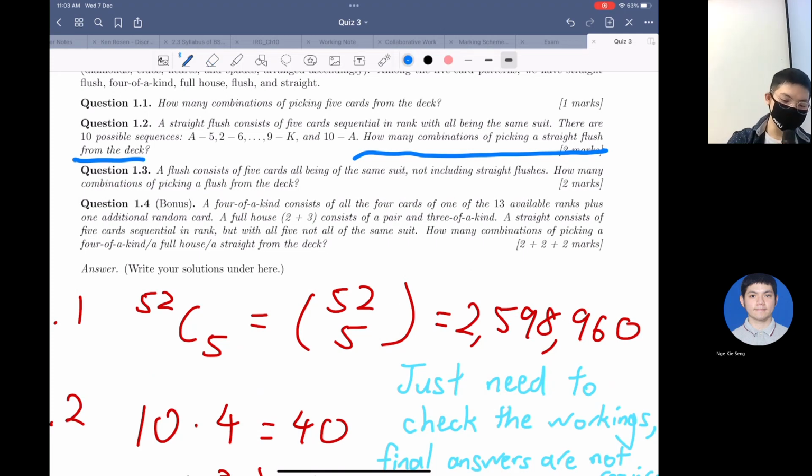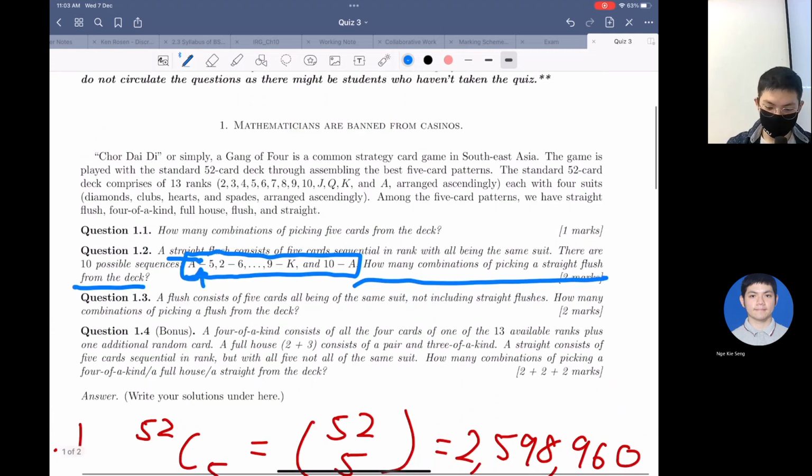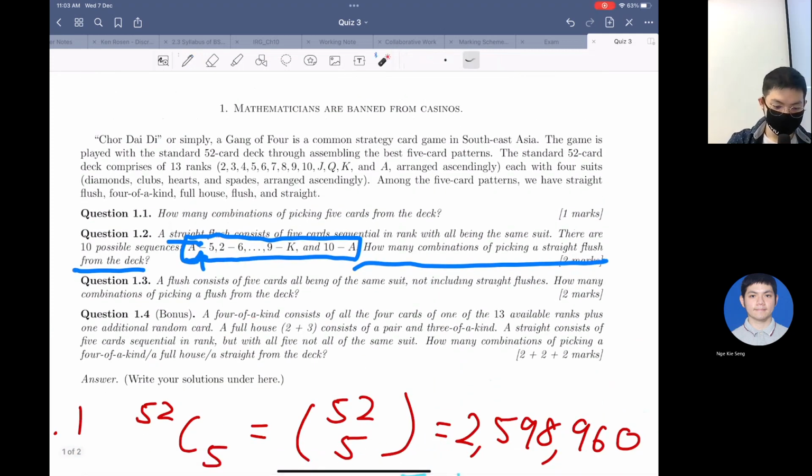Because there are only 10 ways you can get the straight. And 4 is because for each straight you have either diamond, club, heart, or spade. Let you think.